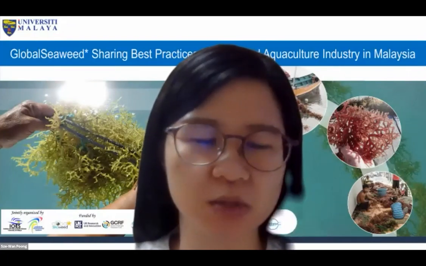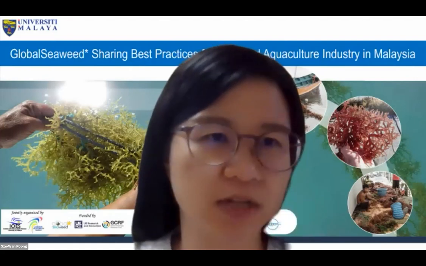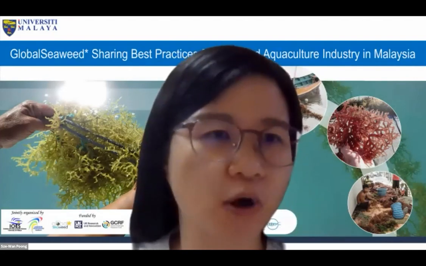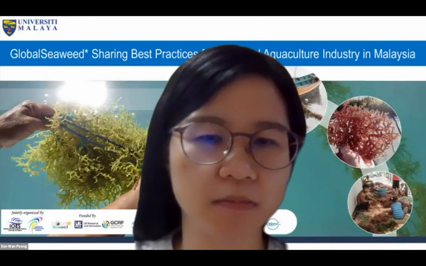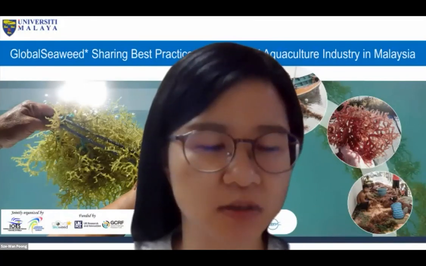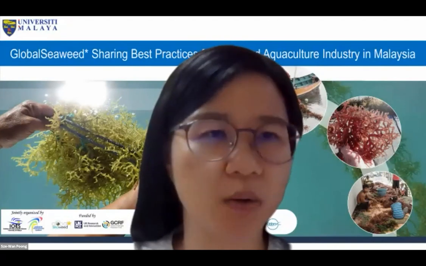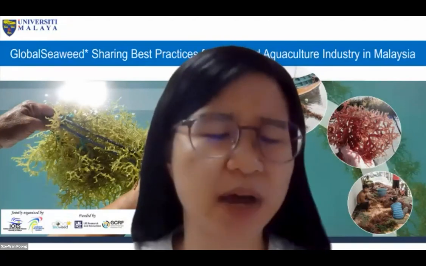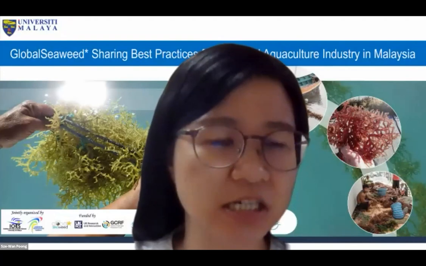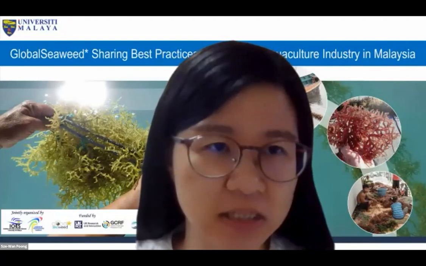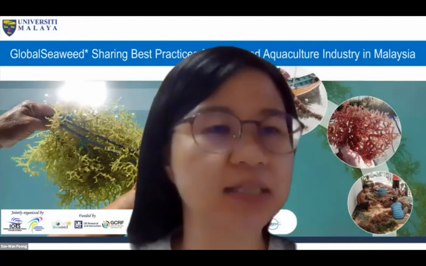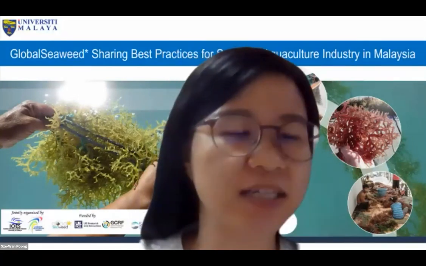This would prevent a spread of the epiphytes into the rest of the crops. As Dr. Flower pointed out, it is very important to carry out biosecurity measures such as quarantine of the seedlings before you outplant them into the farm. Yeah, I think that's all, Prof.